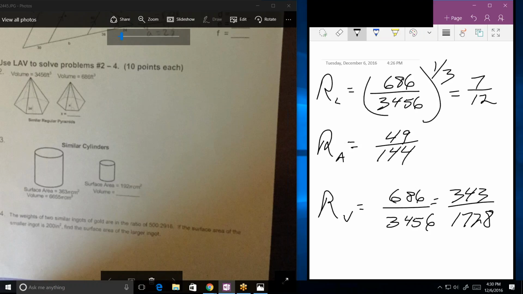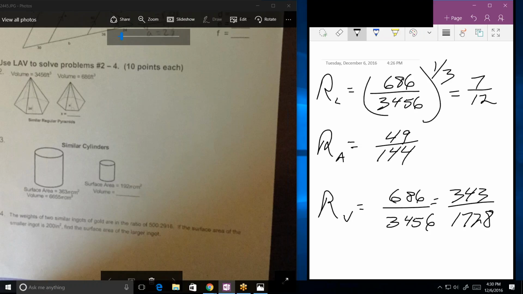Now answer what x is. Set up the ratio that will solve for x. Okay. So we're trying to find the R sub L, right? Well, we already found it. That's 7 over 12. So what we already have is the ratio for length.